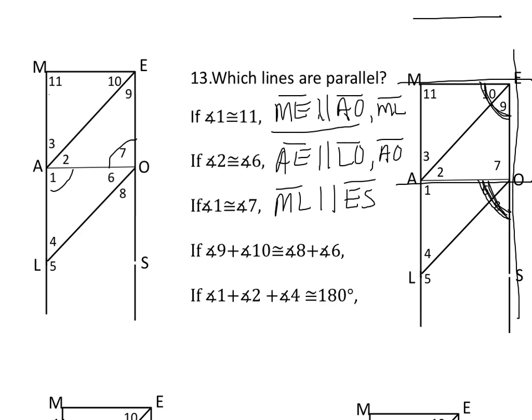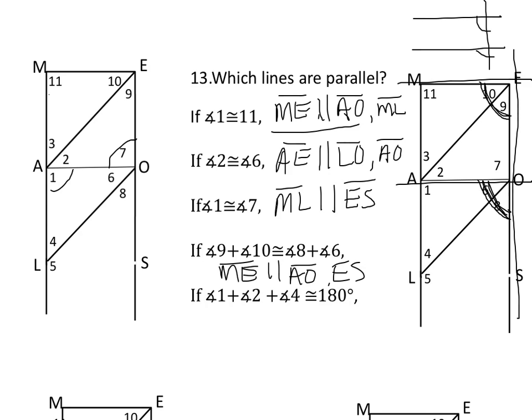That would be ME, AO, and ES. And so here we have angle 9 plus 10, and here we have angle 6 plus 8. So those are corresponding angles formed by ME parallel to AO. Transversal would be ES.